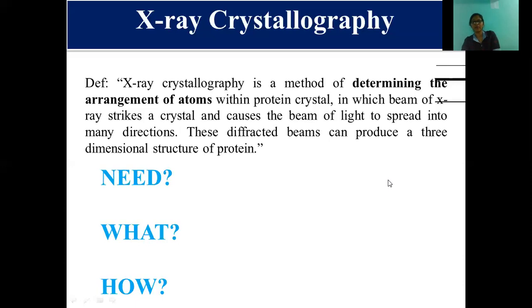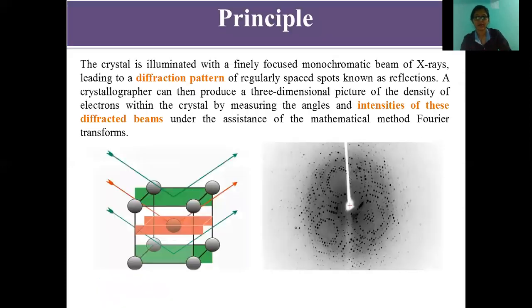X-ray crystallography can be defined as a method, one of the proteomics techniques, used to determine the arrangement of atoms within the protein crystals. How it is identified, we'll see in the next slides.